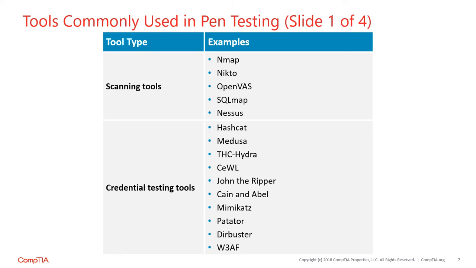It can discover hosts, scan ports, enumerate services, and fingerprint operating systems. You can use Nmap to find out which operating system the host is using, right? And then also run script-based vulnerability checks. You can also run scripts using Nmap, right?